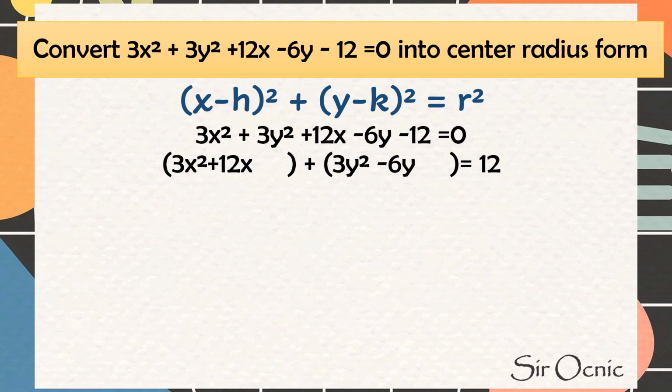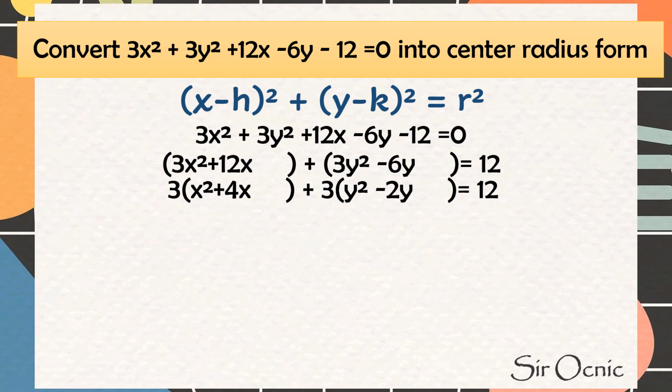Now in this example, the two groups are factorable. So we need to factor this out by getting the common monomial factor. On the first group of terms, we will have 3 times the quantity x squared plus 4x, while on the second group of terms, we will have 3 times the quantity y squared minus 2y equals 12.